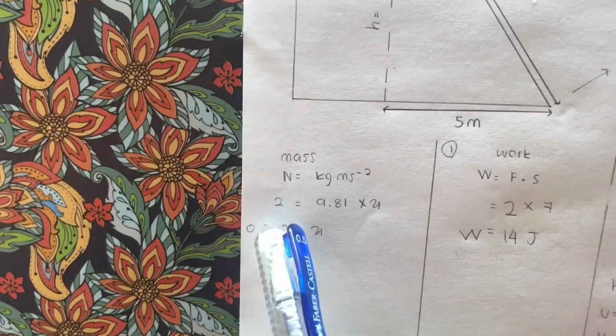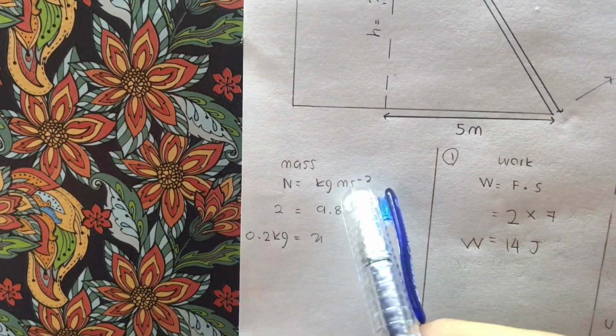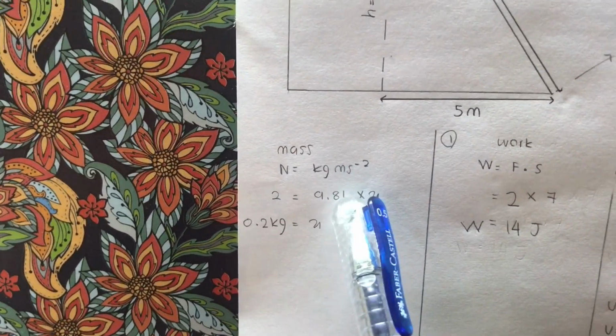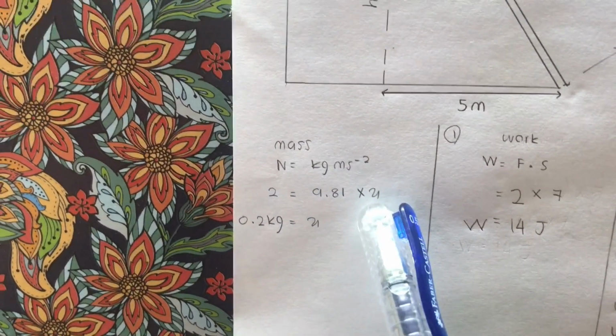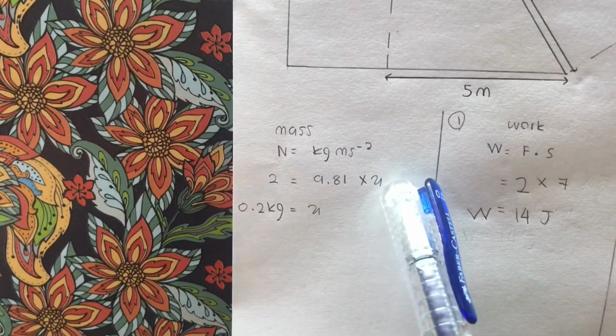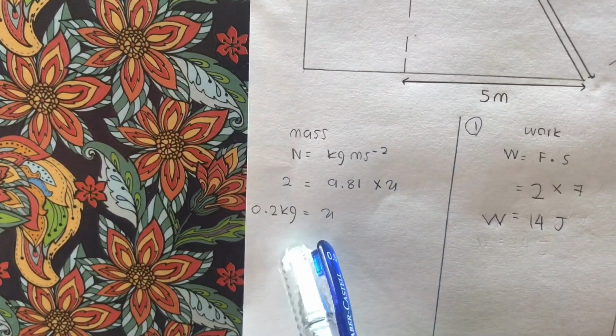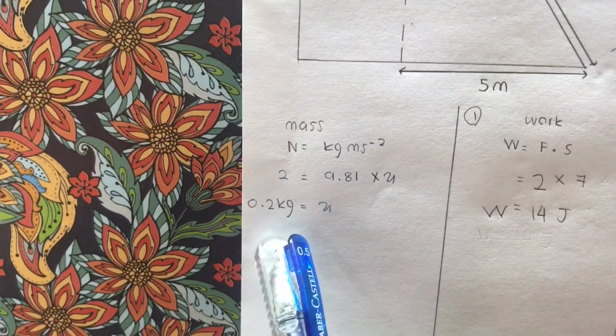The force that we know is 2, and the ms to the power of negative 2 is gravity, 9.81, times the mass we want to find. So 2 divided by 9.81, we got 0.2 kilogram.